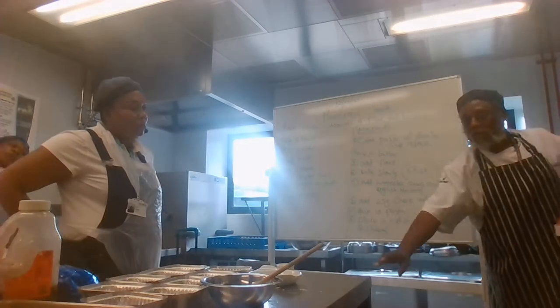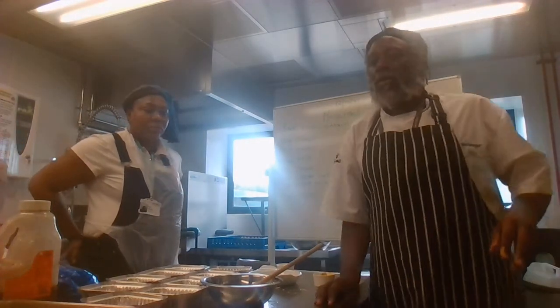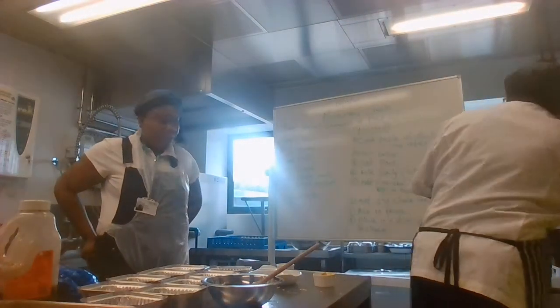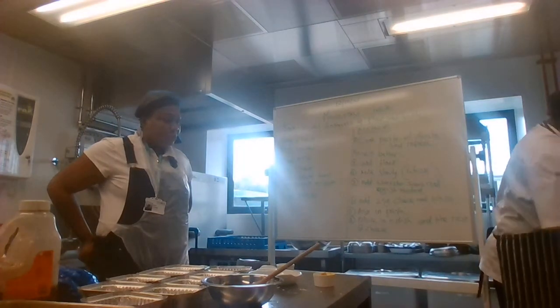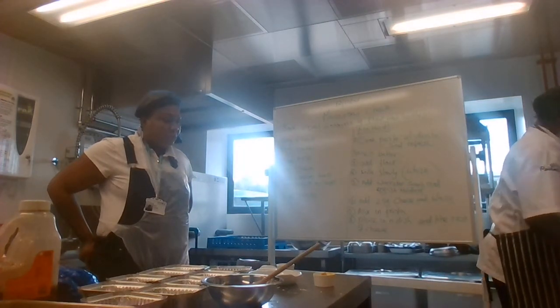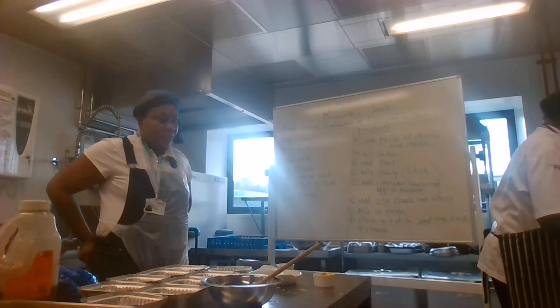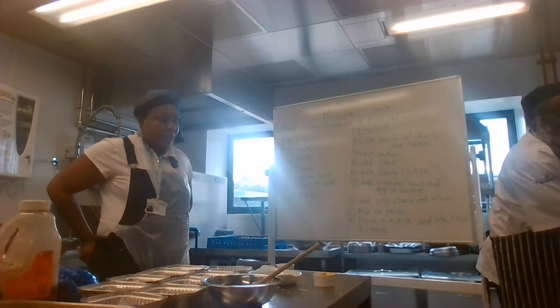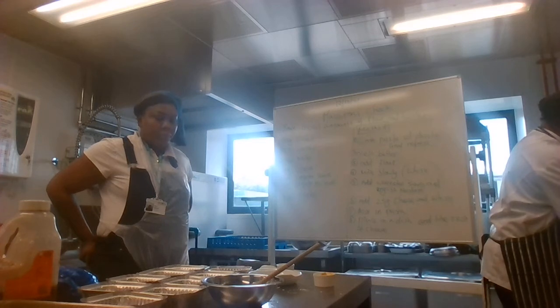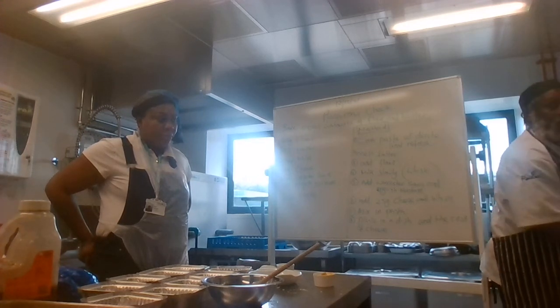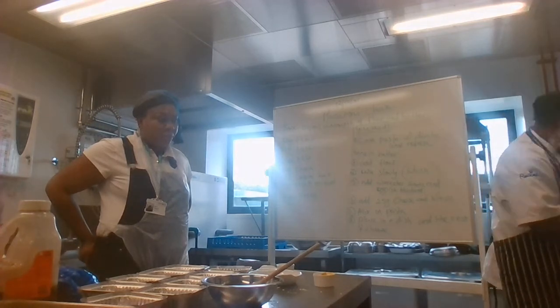So, just give me a second. And then I can add half of the cheese. So a little whisk. Then I can add my cheese. I'm going to keep half to sprinkle on the top to gratinate it.